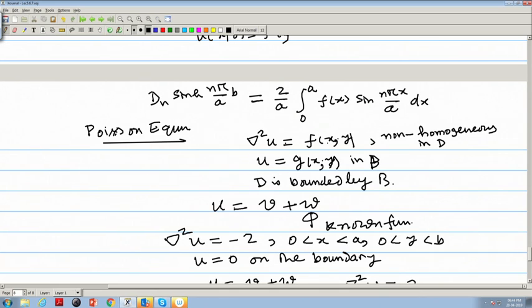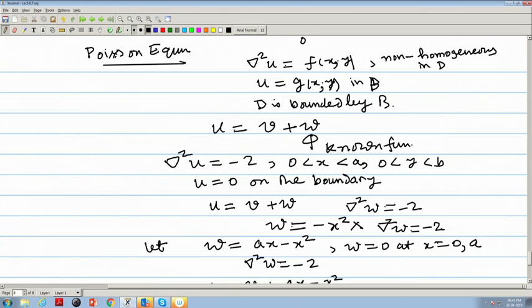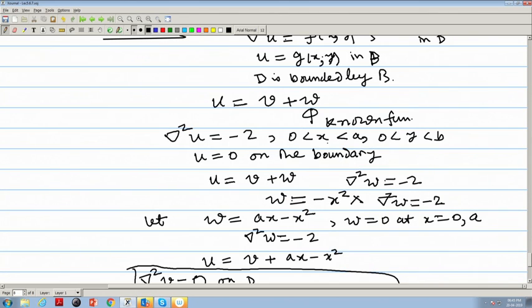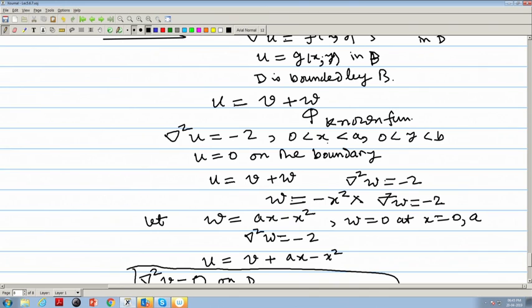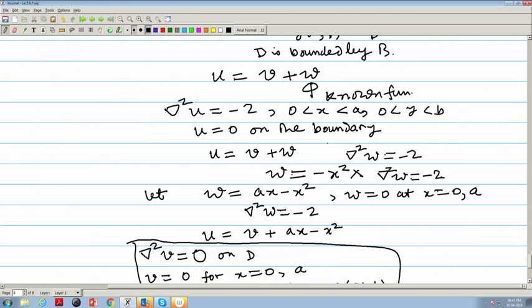But in many simple situations, our objective will be that a Poisson equation has to be reduced to a homogeneous equation by a substitution in this way, using a simple function, and the boundary condition with respect to one of the variables must be homogeneous. Otherwise, the situation creates a difficulty.